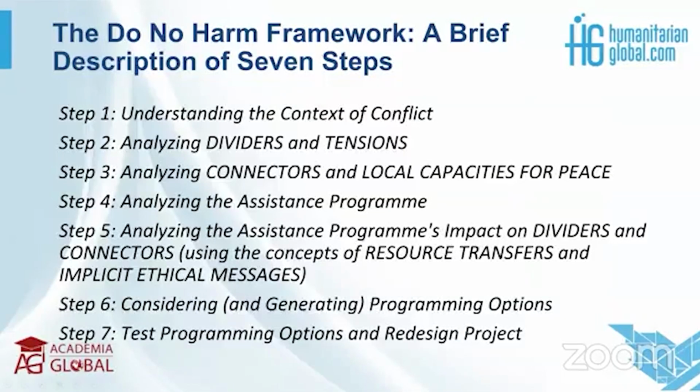Step number 1 to 5, you can use it to evaluate your project in terms of conflict sensitivity. Then step 1 to 7, you can use it to design your project systematically, taking into account the context of conflict. Then step 1 to 7, again, you can use it to monitor the impact of your project in terms of conflict and security or peace building.